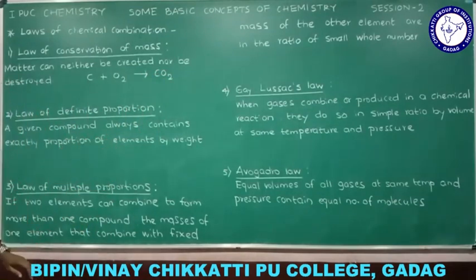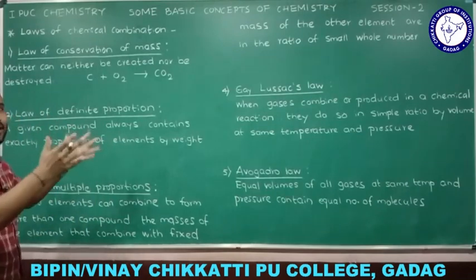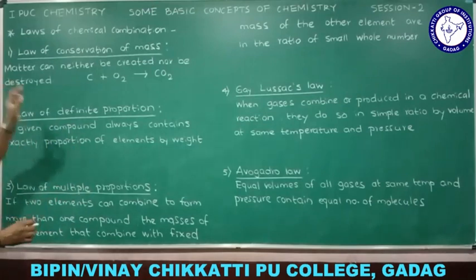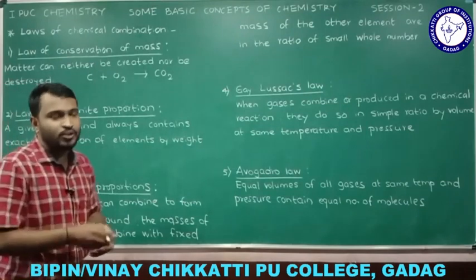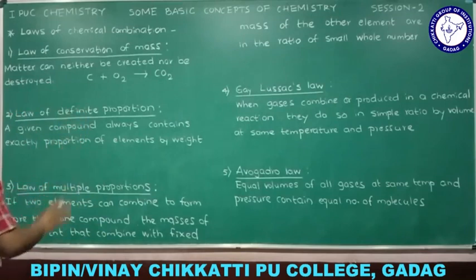So now we will see how matter is not created or not destroyed. And it is the same case in case of all kind of reactions what we see. So for that one, first we will see about the matter, it is nothing but we are talking about the mass, isn't it? Because matter has a particular mass. So we will see what about the masses of carbon, oxygen and carbon dioxide.